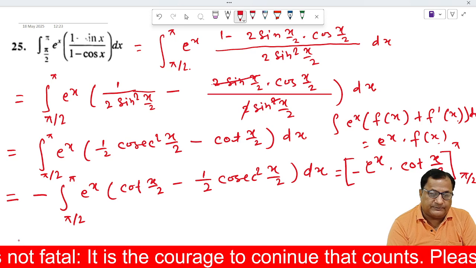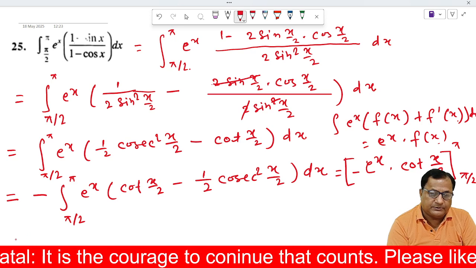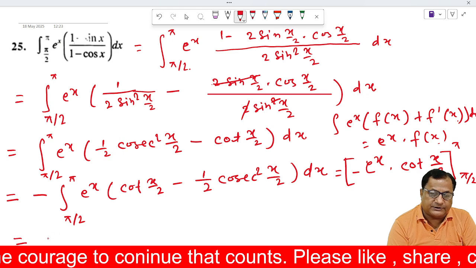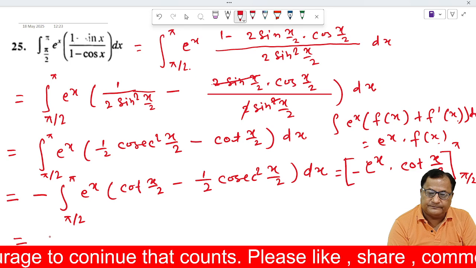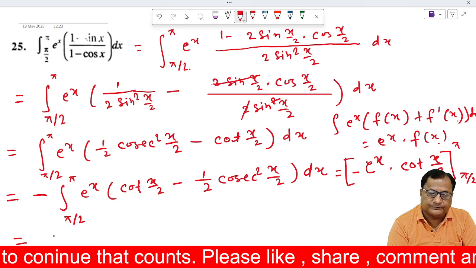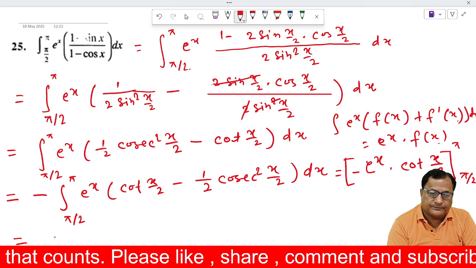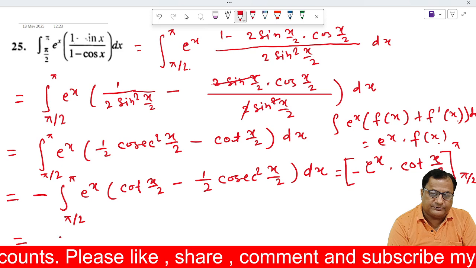Now we will put the limit, so if we take the minus outside, we get minus.